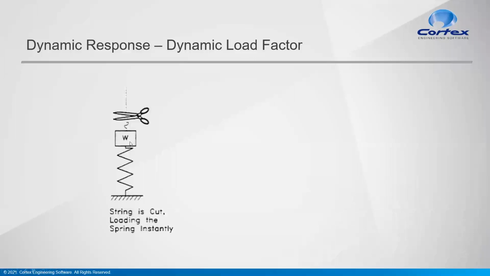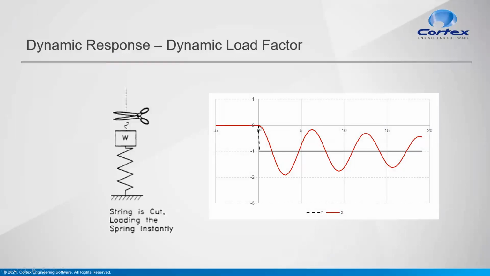So if you can imagine, if we have a spring and mass system sitting here, the weight is held up temporarily by a cable or a string. If we cut the string, what happens is that the weight will fall down, go through the point of static equilibrium, and overshoot before it springs back again and gradually oscillates back to the resting position.